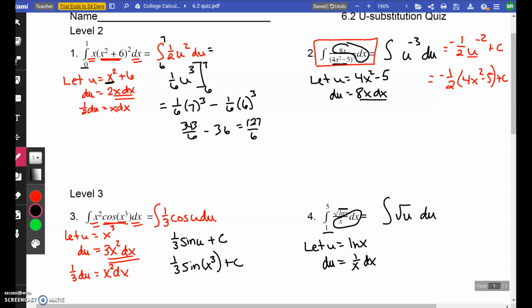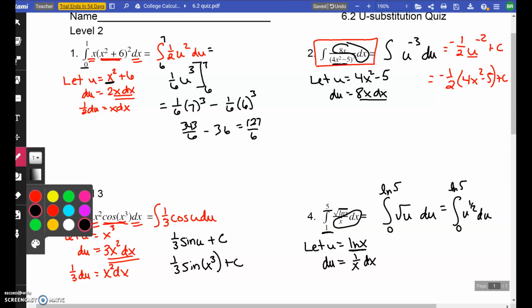Okay, so I'm actually going to convert. That's my favorite method. So ln of x, x is 1, so ln of 1 ends up being 0. x is 5, ln of 5 is an irrational number. So now I need to take the antiderivative. I'm going to rewrite it first, and then plug in my numbers. Square root of u is u to the 1/2, so now I'm going to take the antiderivative.